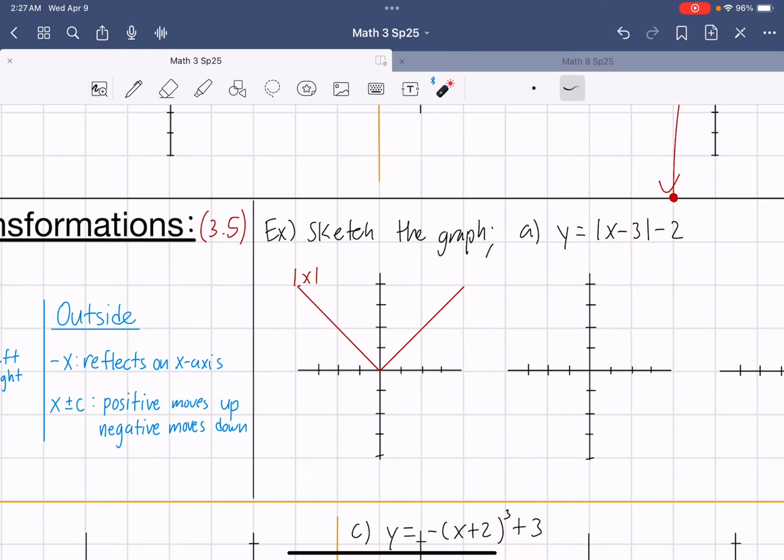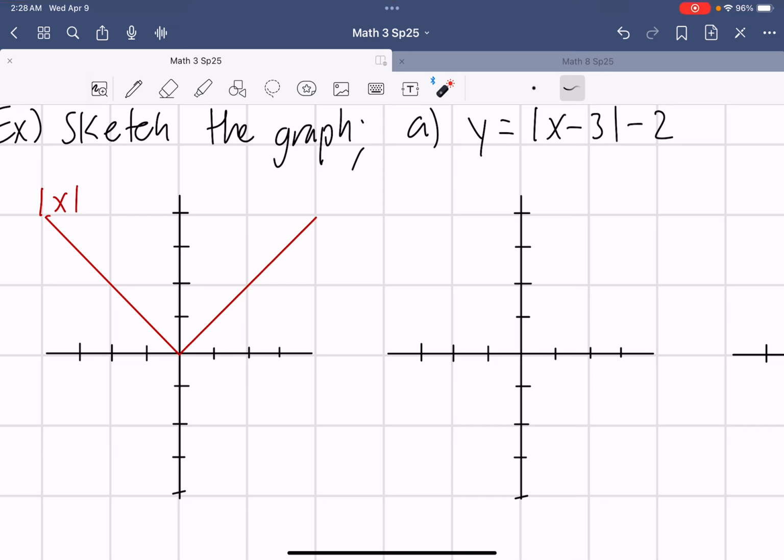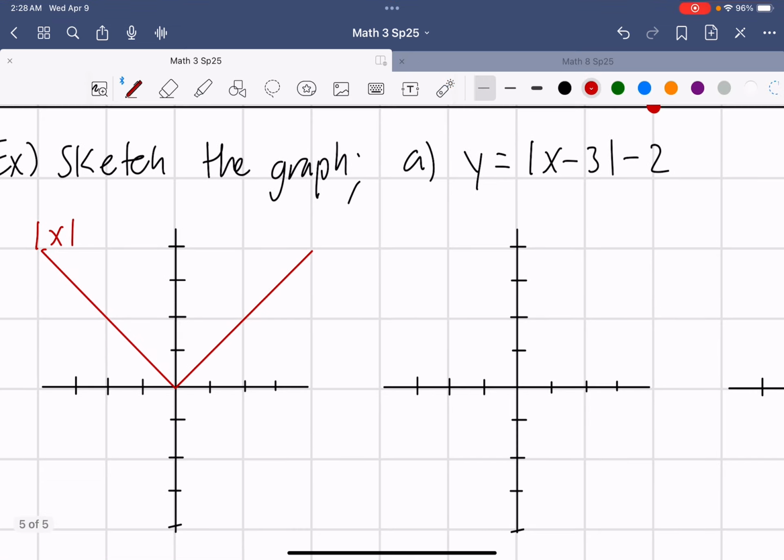And that's actually going to move the graph 3 units to the right. Remember, negative goes to the right, positive goes to the left. So it's going to move to right here, negative 3.